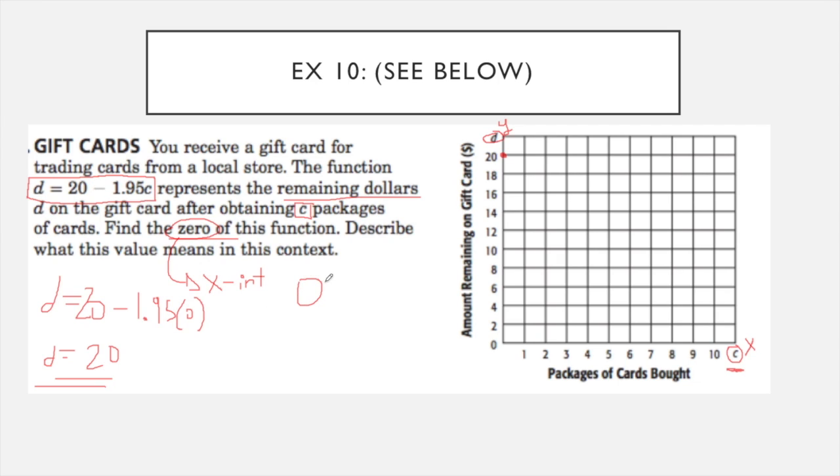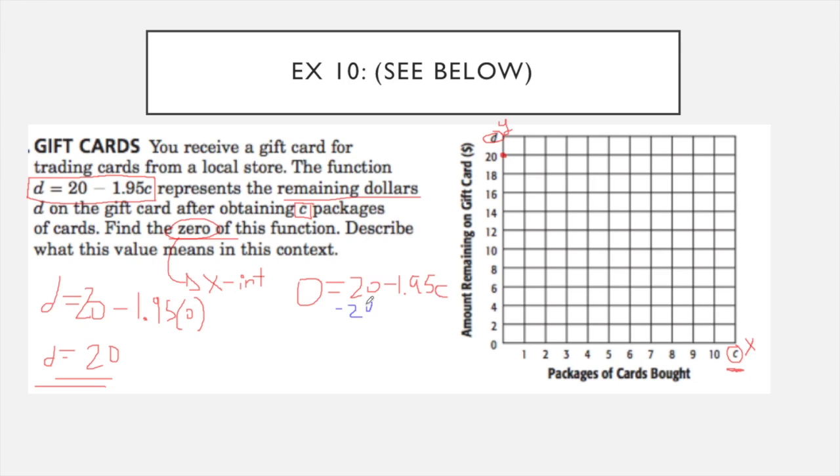So if we say d is 0 and we leave the rest the same, we need to know what is the number of packs of cards we could buy, and that would make us run out of money. So we know we want to get everything that's around the c away because we want to solve for it.